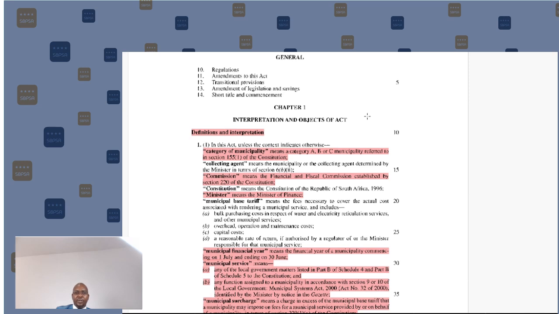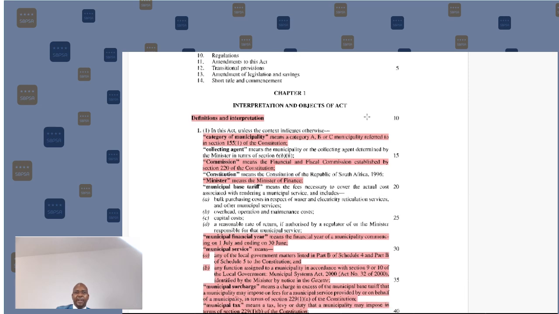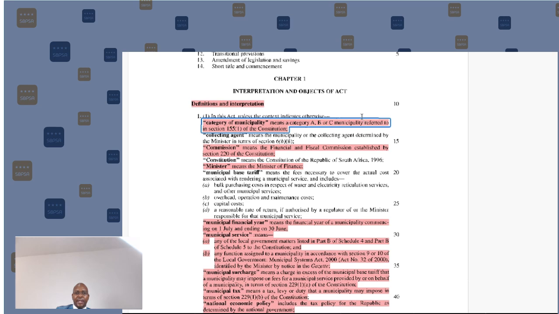You can go back to that class and you will see us dealing with Section 155. The commission here means the Financial and Fiscal Commission, which is established by Section 220 of the Constitution, and the minister means the Minister of Finance.